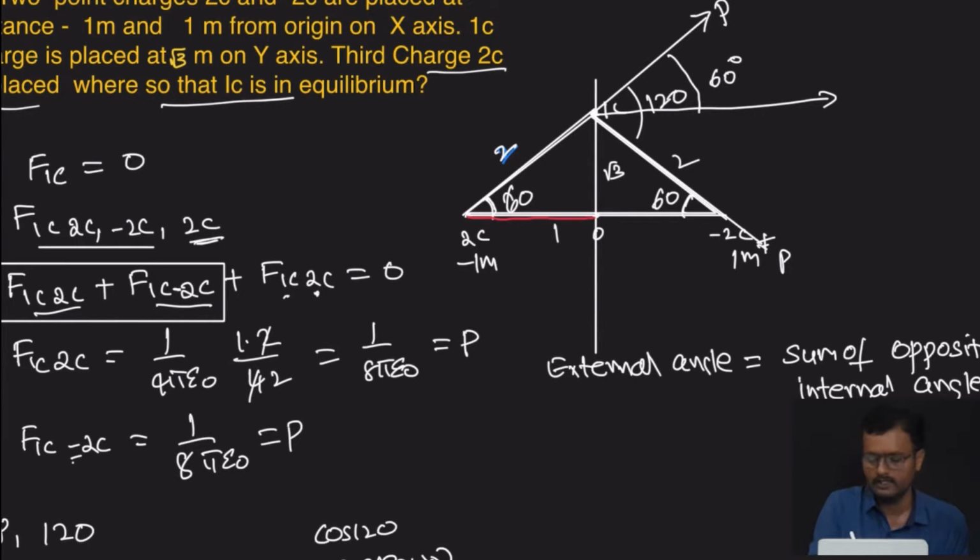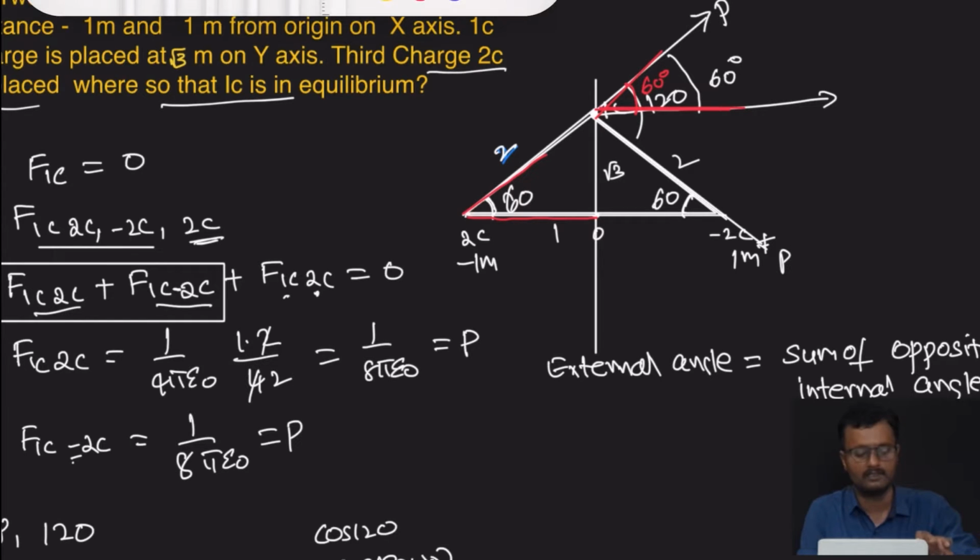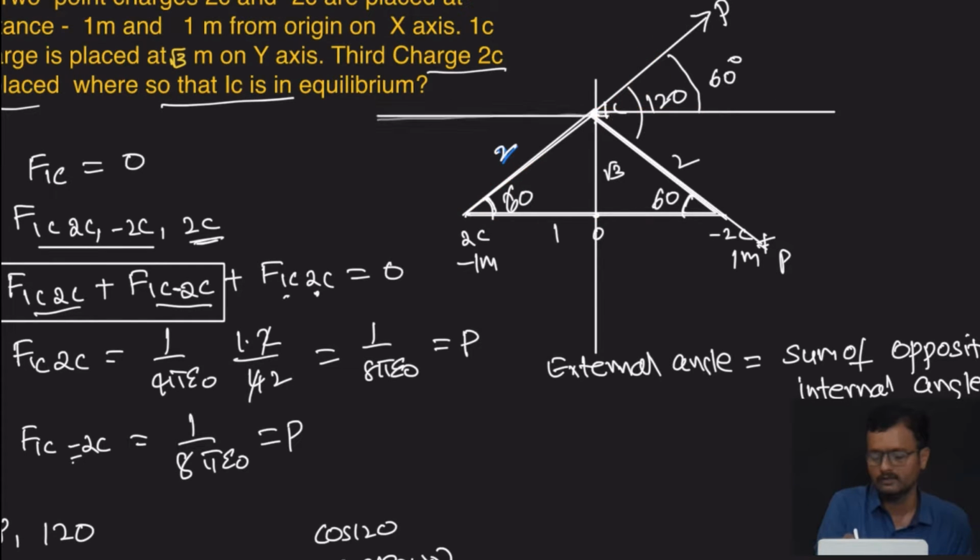So with the x-axis, the resultant vector should be parallel to the x-axis. On this line parallel to the x-axis, the y-ordinate should be root 3.